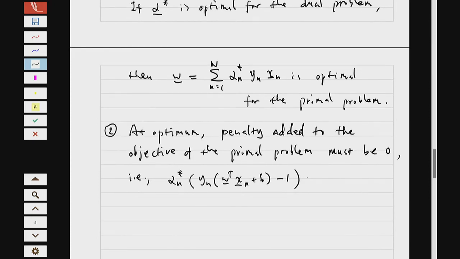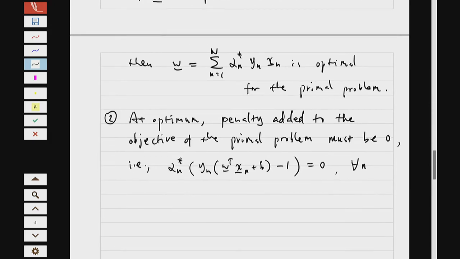The price of violation is the Lagrange multiplier alpha n. This has to be equal to 0 for all n. We cannot allow any violation for any data point, otherwise you will not be solving the original problem. So this must be 0 because this is our penalty.